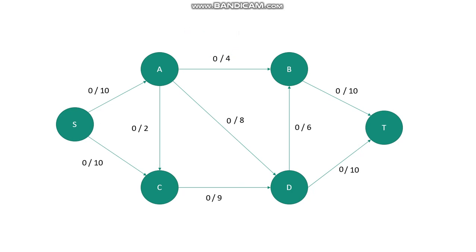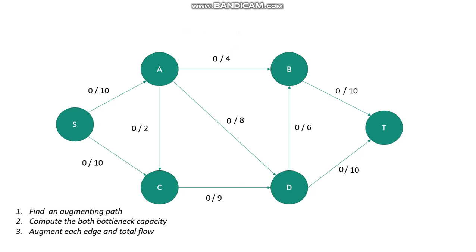We're ready to start. Here's how we do this. First, find a path, then compute the bottleneck capacity, which is simply the edge in the path with the smallest capacity. And finally, we augment our path. We repeat these steps until we cannot find an augmenting path.